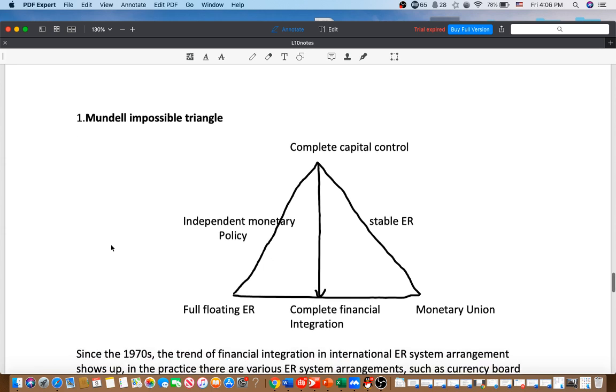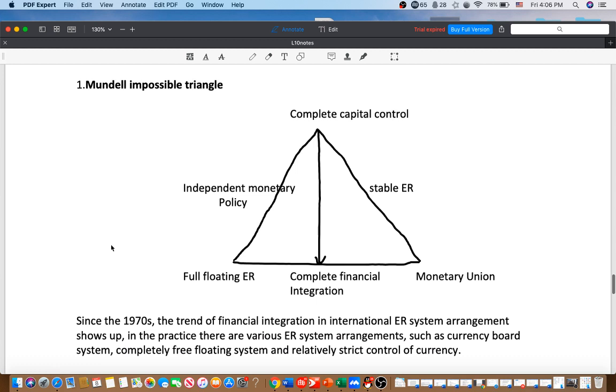That triangle is called the impossible triangle. It is also called the Krugman impossible triangle. It's in the lecture notes.